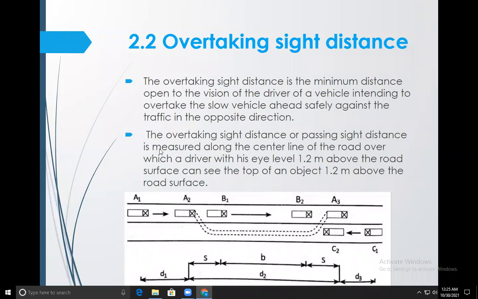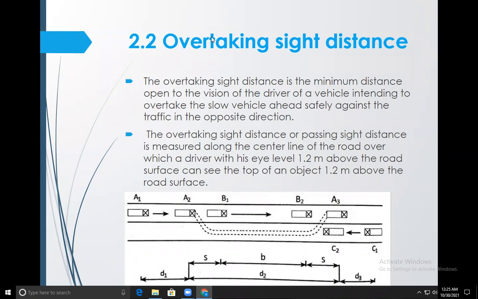While calculating the OSD, we should know that the height of the driver's eye level from the road surface is always taken as 1.2 meter.